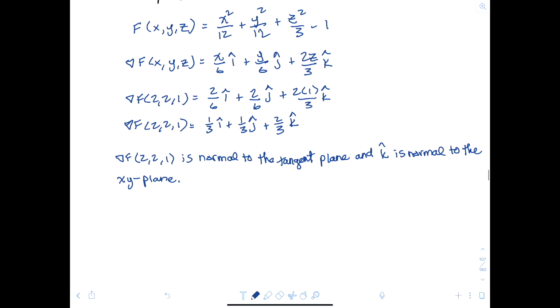So cosine theta is going to equal the absolute value of del f at 2, 2, 1 dot k over the magnitude of del f at 2, 2, 1.